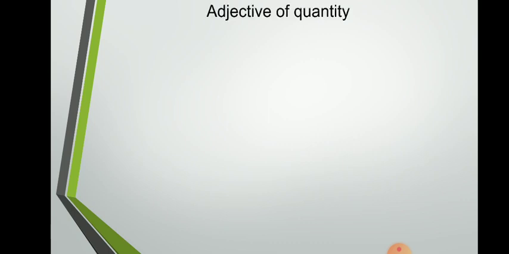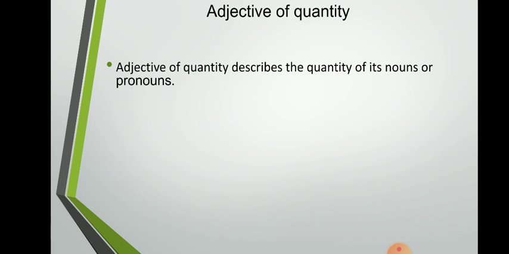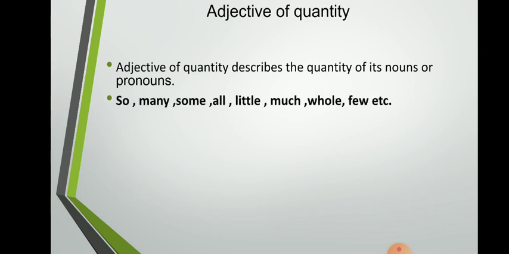Adjective of quantity. An adjective of quantity describes the quantity of its noun or pronoun. Some, many, so, all, little, much, whole, few, etc. are the words used in adjectives of quantity. Let us see the examples. I ate some rice.